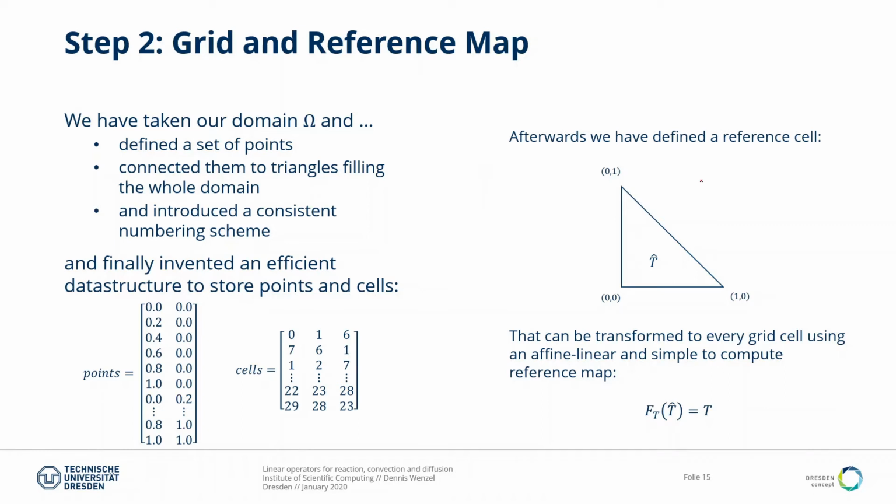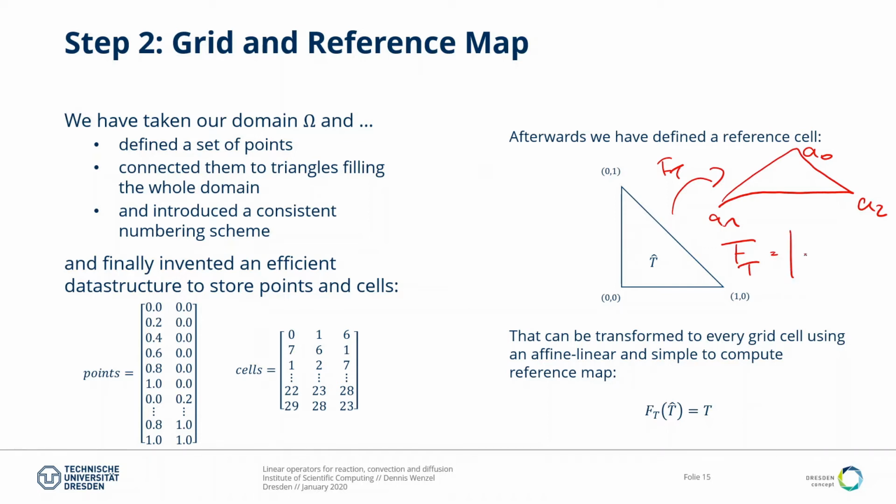And when we defined this, we talked about some cell here with vertices A0, A1, and A2, and we want to define F_T mapping from there to there. Then we've seen that F_T can be easily computed from the vertices of this triangle.